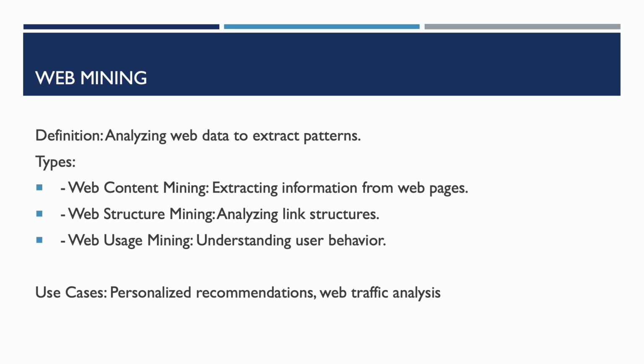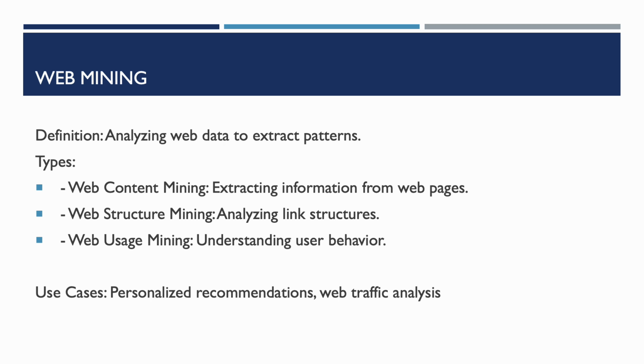This involves extracting useful information from the content of a web page or web pages, such as text, images, or videos. It is often used to gather data from websites to support content analysis, summarization, or even product recommendations.